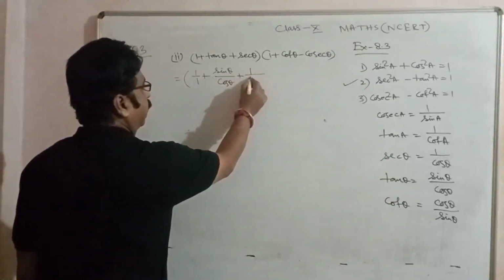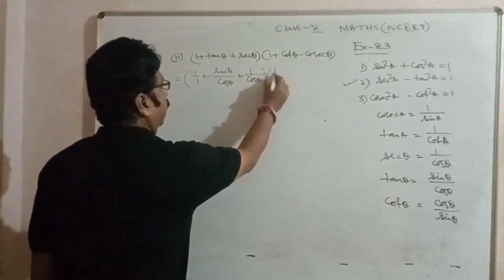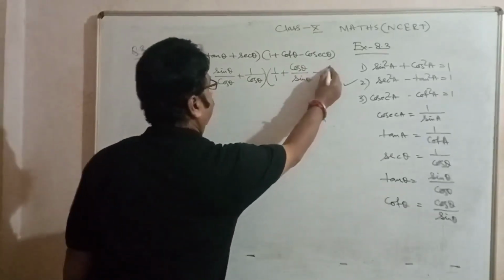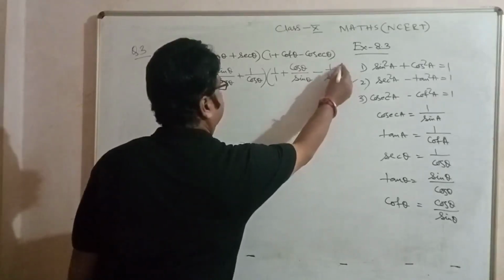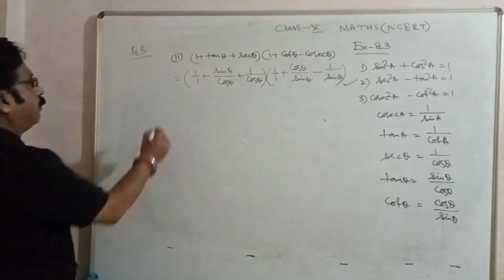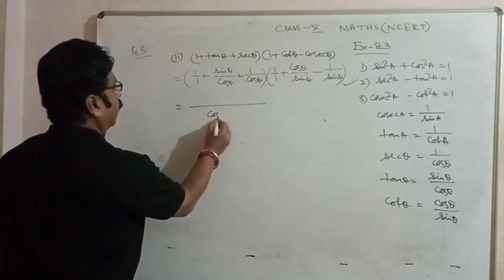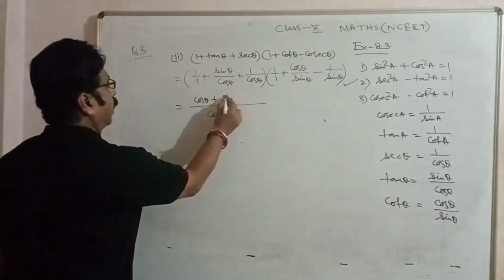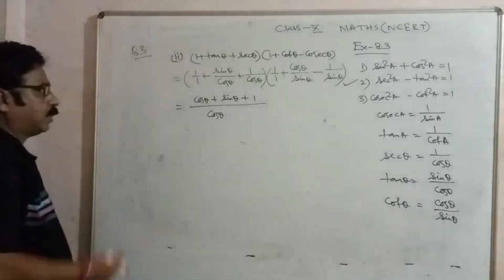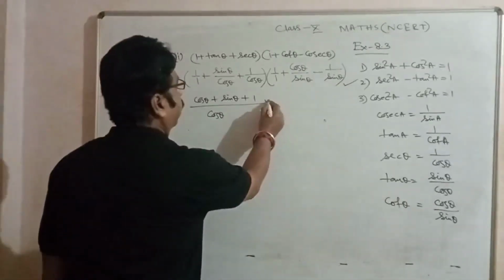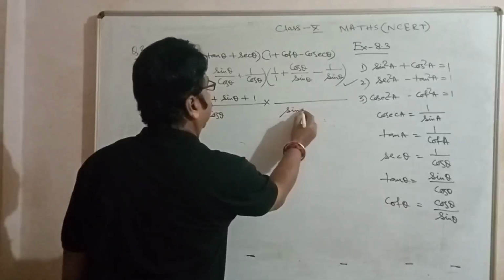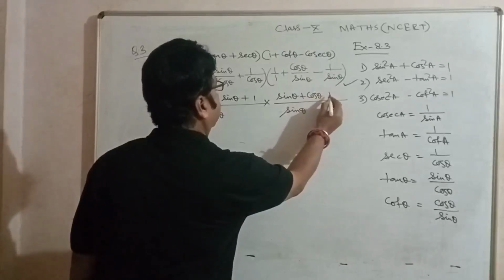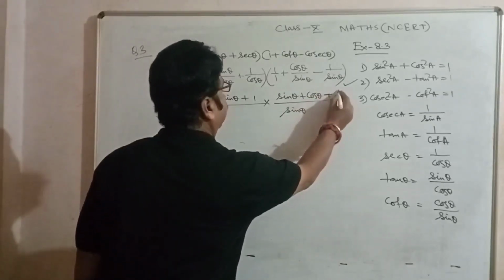Cosec theta is 1 upon sin theta. Okay. Now it will be cos theta plus sin theta plus 1 upon cos theta, into sin theta plus cos theta minus 1 upon sin theta.